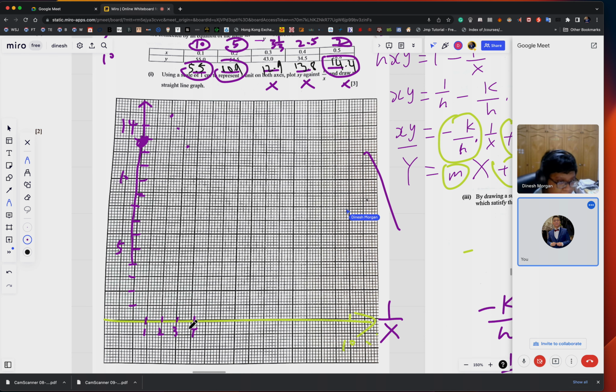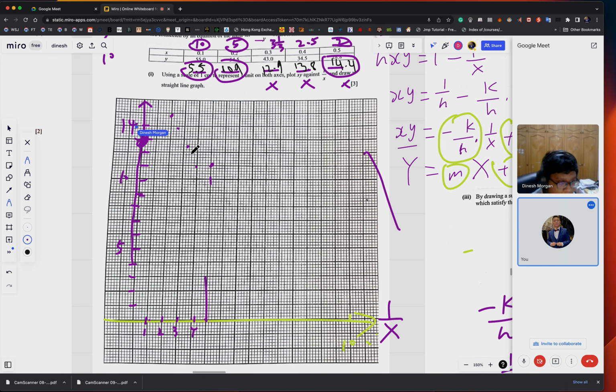5 is 11. Can you help me out? 1, 2, 3, 4, 5. 5 is 11. This is 11. Then this is 12.9.